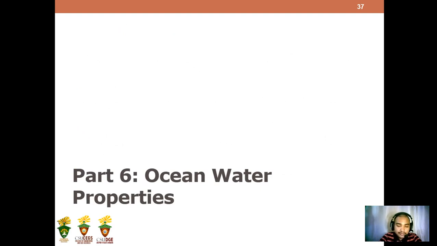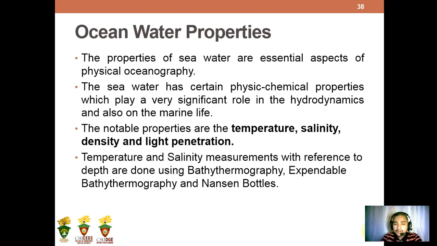Alright, let's go to part 6 of this material, which is all about ocean water properties. The properties of seawater are very essential aspects of physical oceanography. Aside from historical and physical observations, the properties present in a specific ocean or seawater are very essential to study so that your goal in studying oceanography is complete and satisfying.